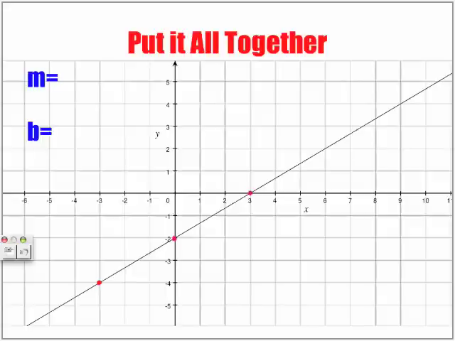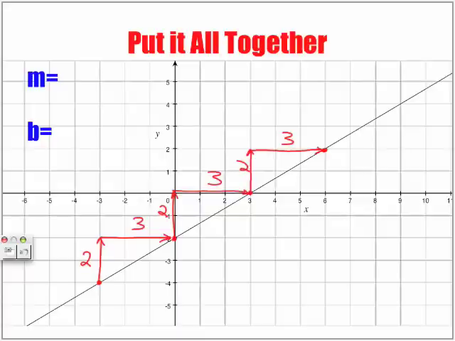So here we're rising 2, and we are running to get to the next point for 3. We are rising for 2, we are running for 3. We are rising for 2, and are we running for 3? Yes, we are. So notice our rise and run is 2 over 3.